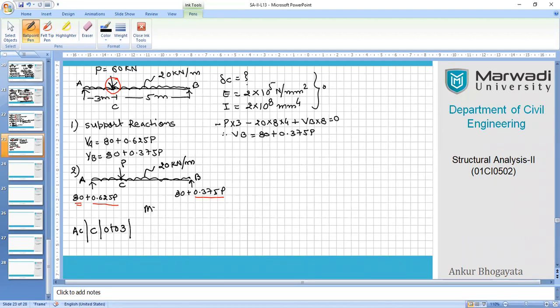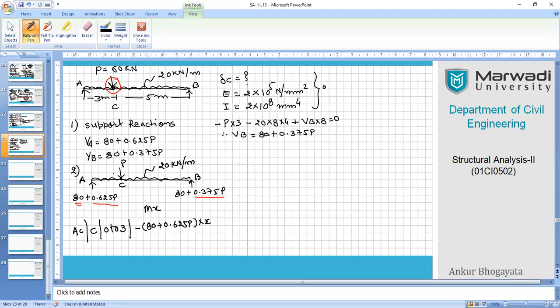Now what is the Mx equation? We have force here, right, which is VA. So I will be directly writing that 80 plus 0.625 times P into X distance, right? And it would be negative since it is going to be a clockwise moment. And then we have UDL.